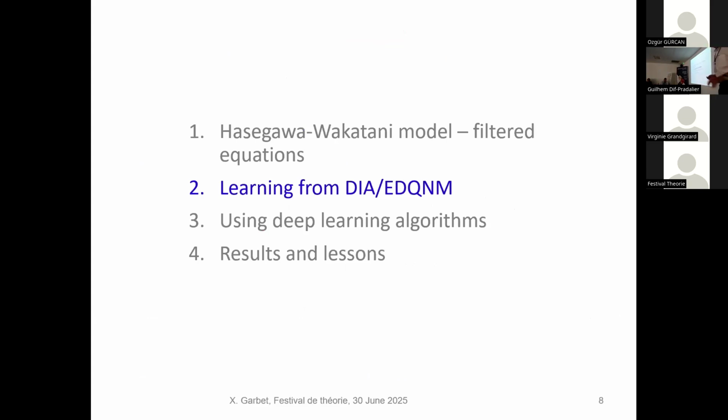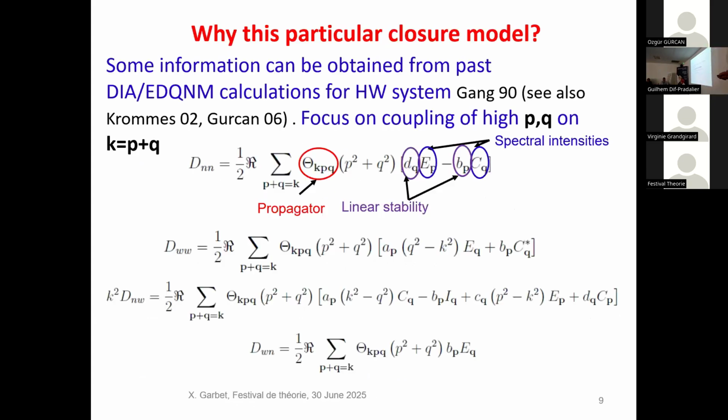Okay, so what can we learn from old models? Developed a long time ago, essentially to produce evolution equations of the cross correlation functions.